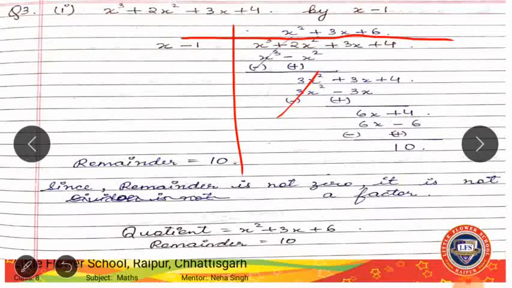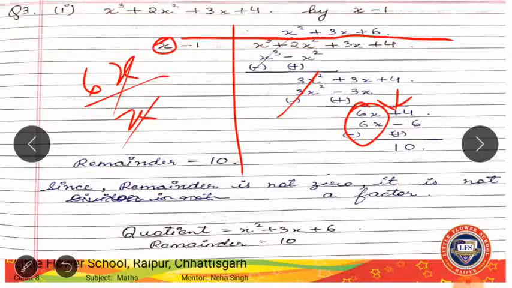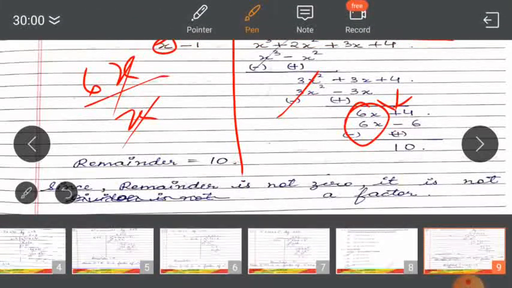Why? Plus 3x square minus 3x square will be 0. Now this is plus, so 3x plus 3x will be 6x, and this 4 will be copied next. Again next step, 6x will be divided by x. x cancelled, we are left with 6.